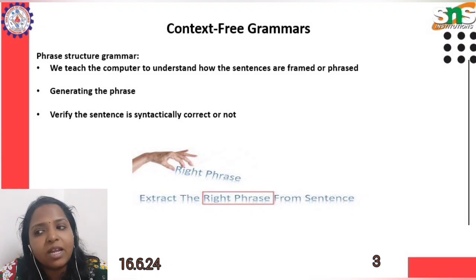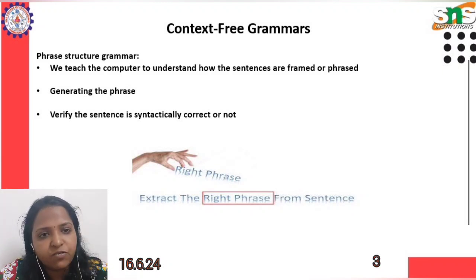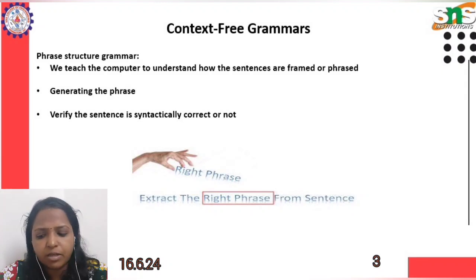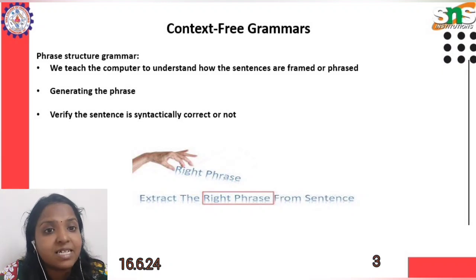These rules are given by context-free grammar. A CFG is nothing but a set of rules and regulations that tells the computer how to put all the words together to make a sensible, meaningful sentence. It's a very fundamental concept: how to teach the computer to understand the human language.